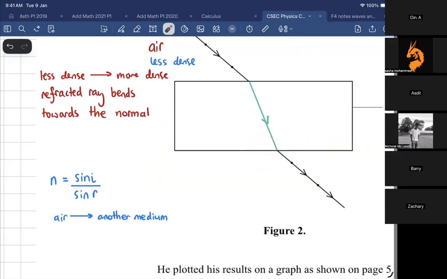Quickly think about this, Sasha. Do you think light will travel the same speed everywhere? No. So the denser the medium, the more it slows down light, and so it would bend. The refractive index N tells us how much it bends.